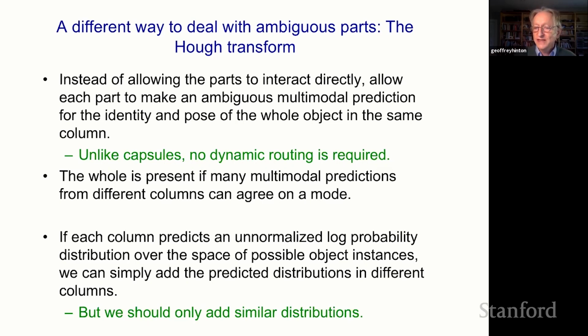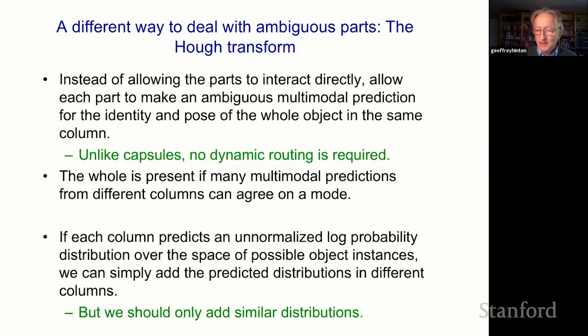And this doesn't require any dynamic routing. Because the embeddings are always referring to what's going on in the same small patch of the image, within a column there's no routing, and between columns, there's something a bit like routing, but it's just the standard transformer kind of attention. You're just trying to agree with things that are similar. Okay, so that's how GLOM's meant to work.